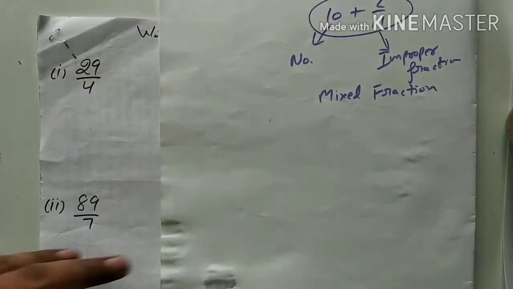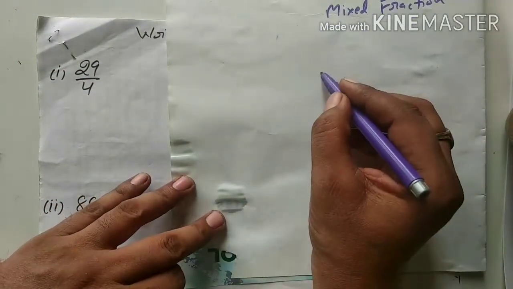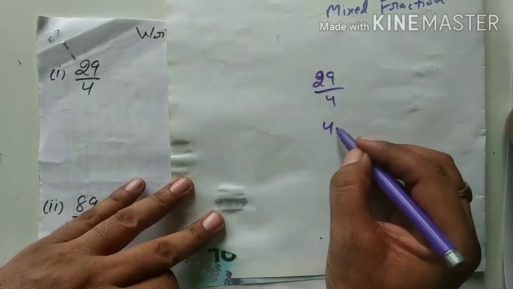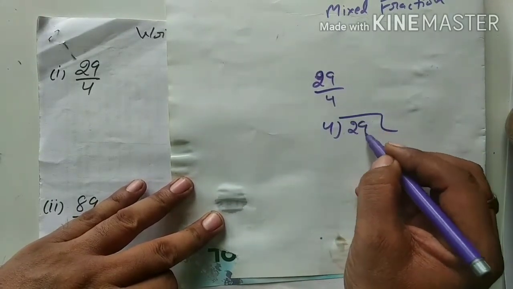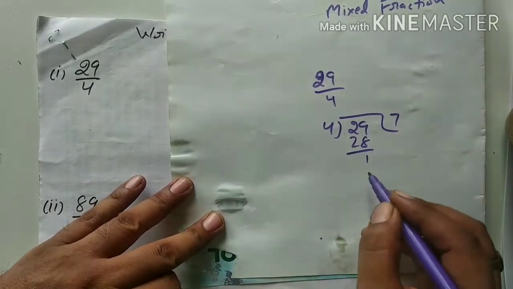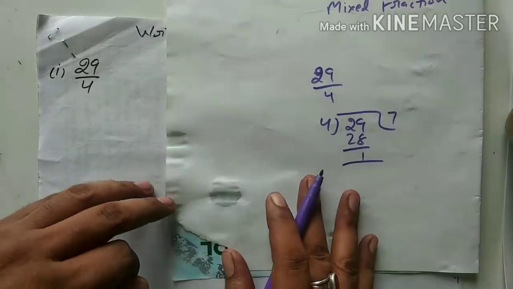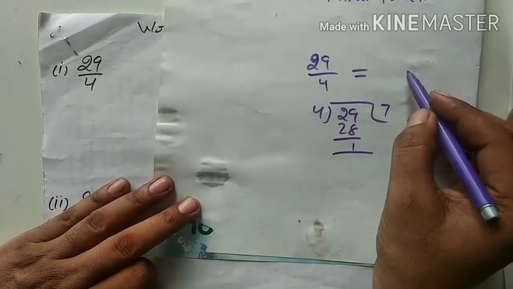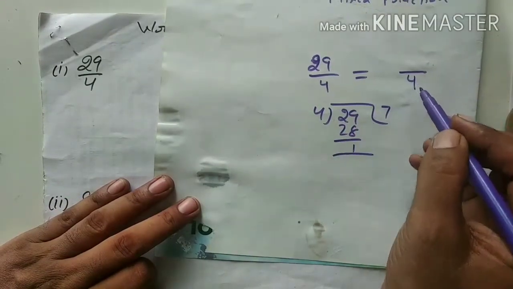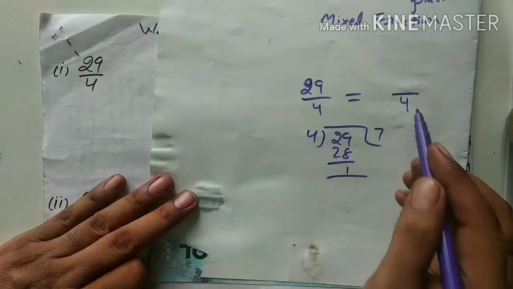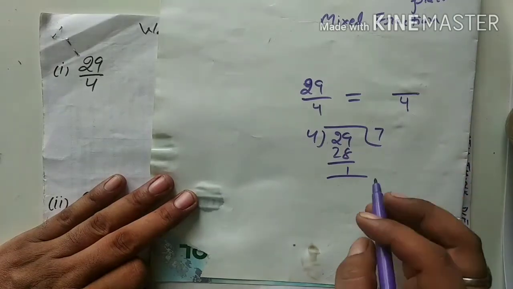The first question is 29 by 4. We only have to divide. Now 7 fours are 28 and the remainder is 1. Okay student, now what you have to write, listen: you will not change the place of the denominator, you will write 4 in the place of the denominator.